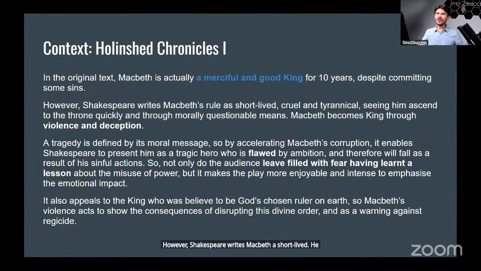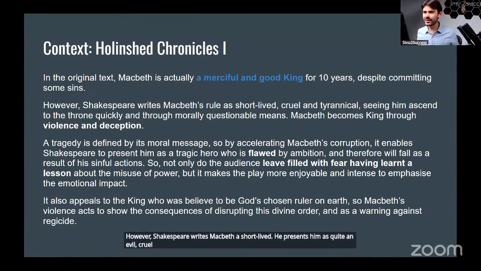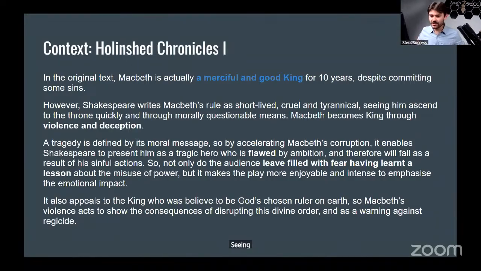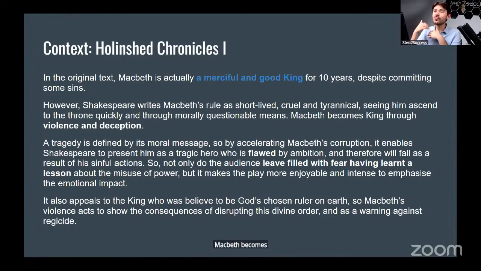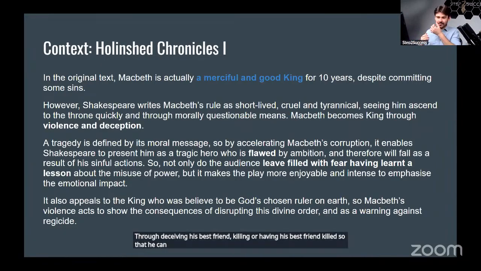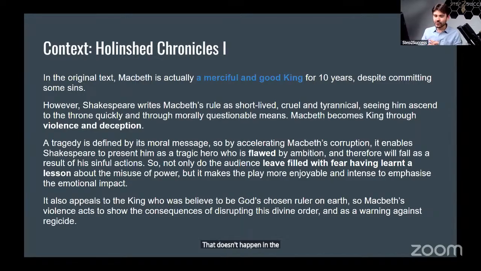He presents him as quite an evil, cruel, tyrannical character, seeing him ascend to the throne much quicker than 10 years and fall much quicker than 10 years, and doing so through very questionably morally wrong means. Macbeth becomes king through violence and deception, through literally killing the other king, through deceiving his best friend, killing or having his best friend killed so that he can become king. That doesn't happen in the original story.